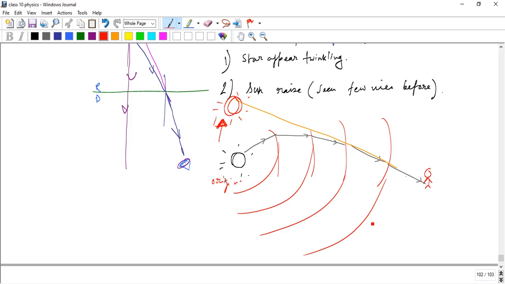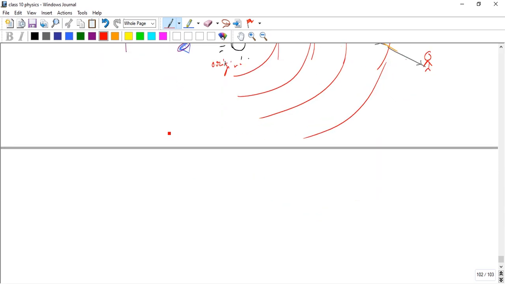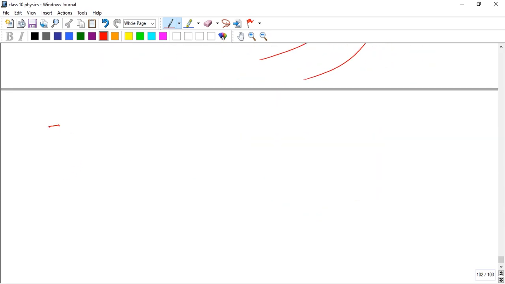Third, a coin in a vessel is not visible just below the edge. Suppose there is a vessel with a coin here and the observer here; the observer cannot see the object. If you pour water, the object is lifted up slightly, so the observer sees the coin here.